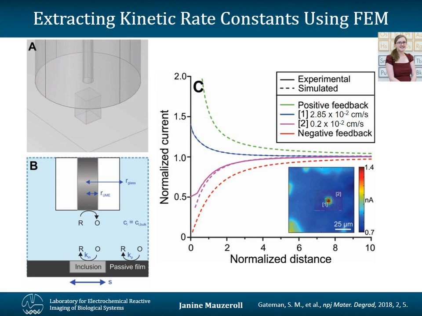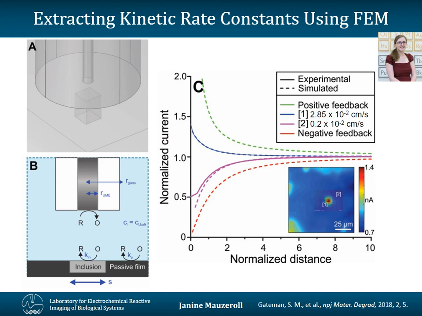So in panel C, we have our normalized current that's coming from the current of our mediator and our normalized distance. And you see the green and the red curves are the positive and negative feedback, the highest possible contrast that we could get. And the intermediate curves end up being the passive film and the approach curve recorded on top of an inclusion.